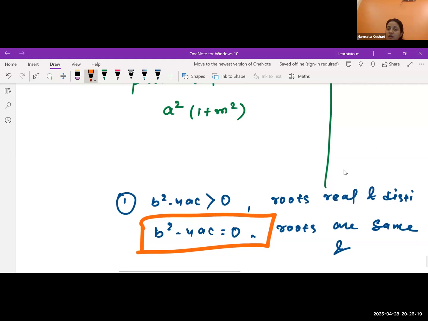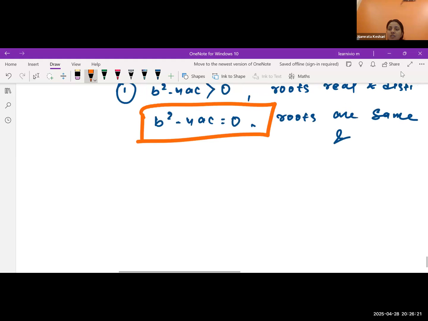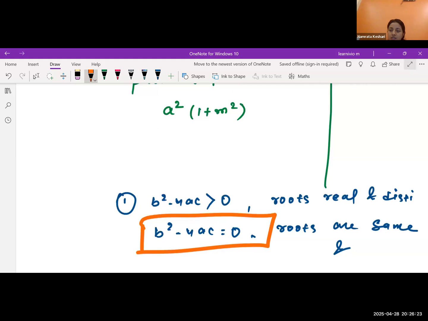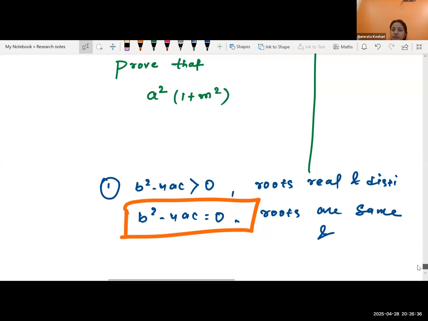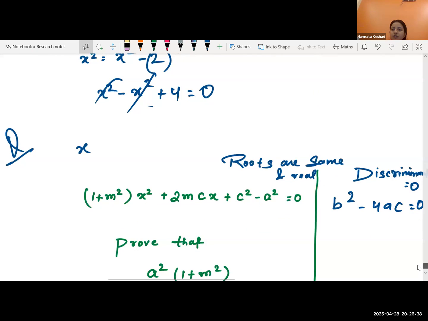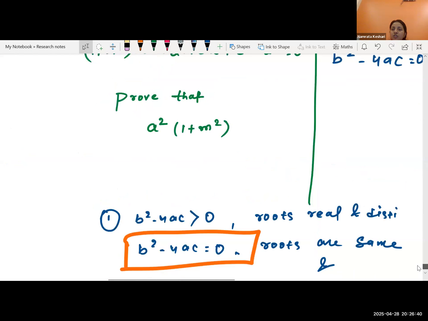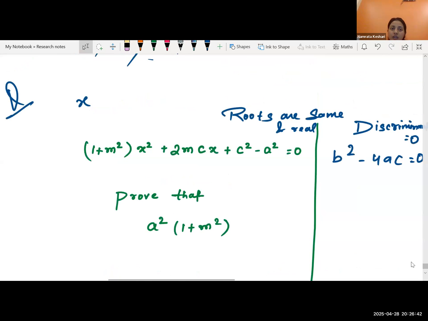Let's do that. So let's identify what is a, what is b, what is c in our case. So b square minus 4ac is equal to 0. This is the case, nature of the roots.